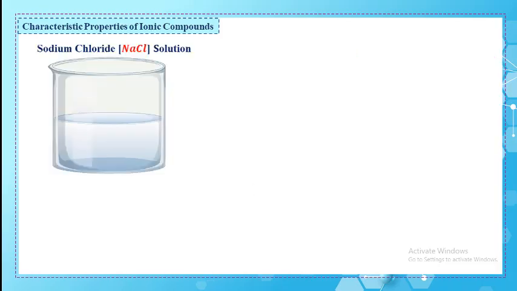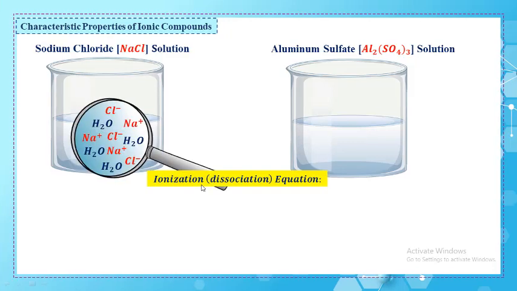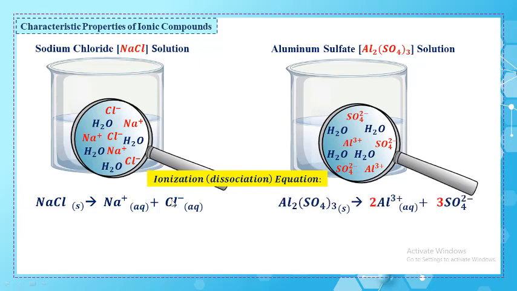Consider the following two solutions: sodium chloride solution and aluminum sulfate solution. The ionization or dissociation equation of NaCl is NaCl gives Na+ plus Cl-. However, the dissociation equation of aluminum sulfate is Al2(SO4)3 gives 2Al3+ plus 3SO4 2-.